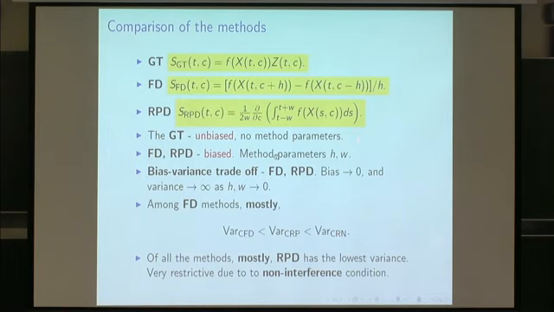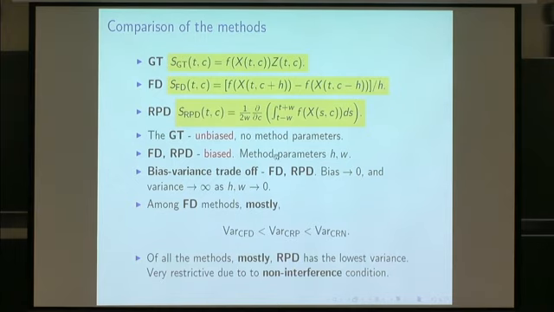Now, the expected value of this is exactly the sensitivity, so it's an unbiased estimator. There are no method parameters to choose, so the Girsanov transformation has all the attractive features: no tuning parameters, and it's unbiased. Both of these other methods are biased, and they have method parameters.